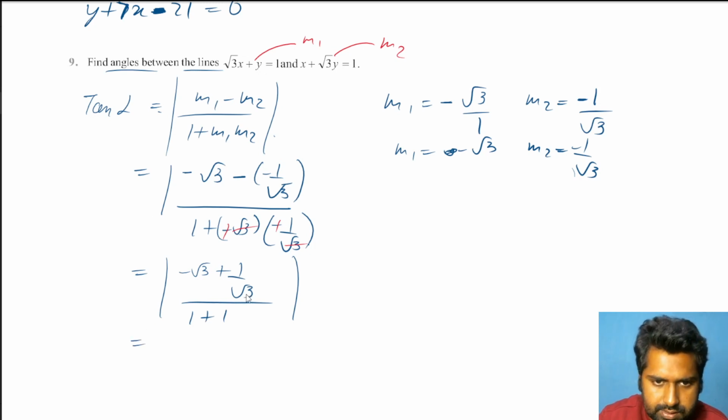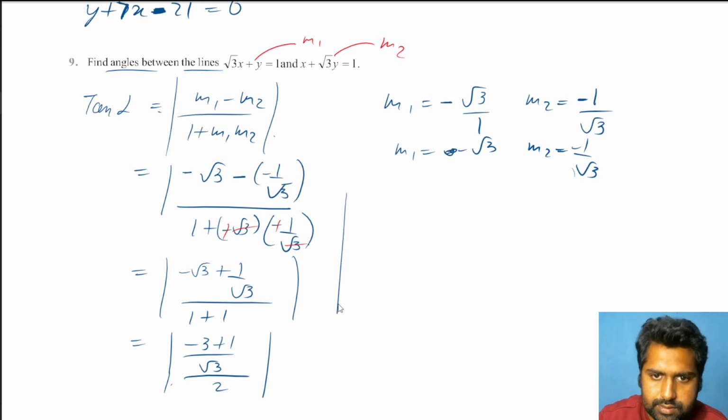Numerator, let's solve this. Root 3 becomes 3, minus 3 plus 1 by root 3, and the denominator is 2. Let's solve it further. So basically we were calculating tan alpha.